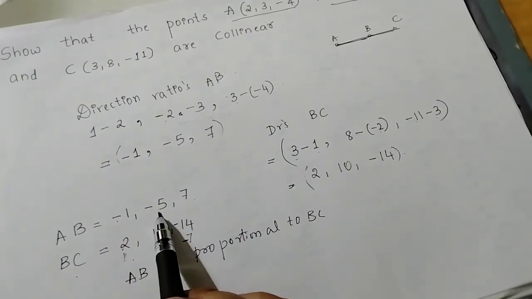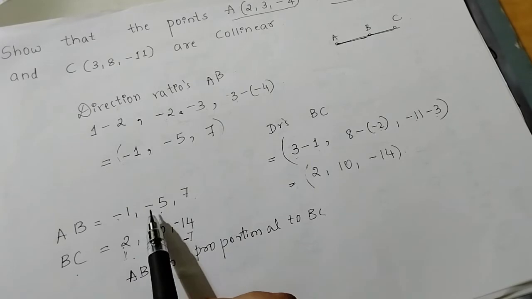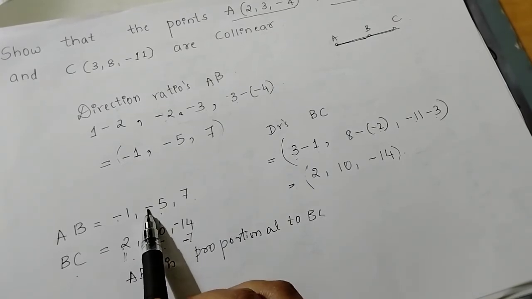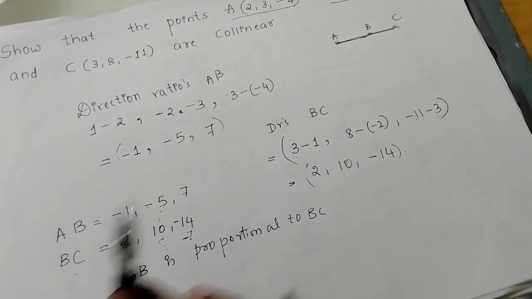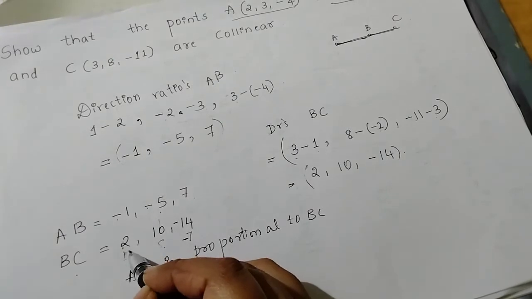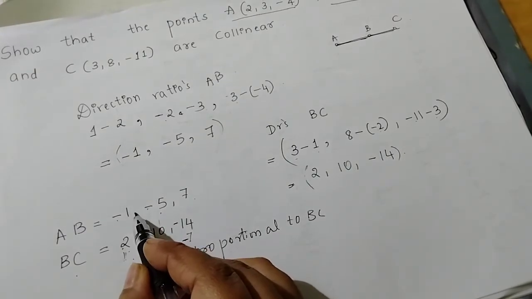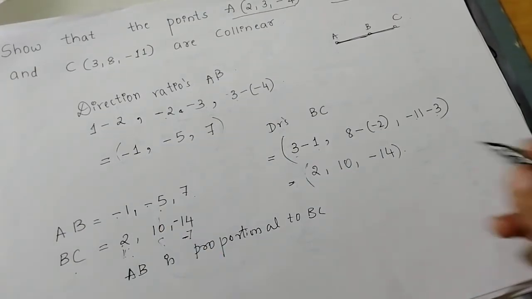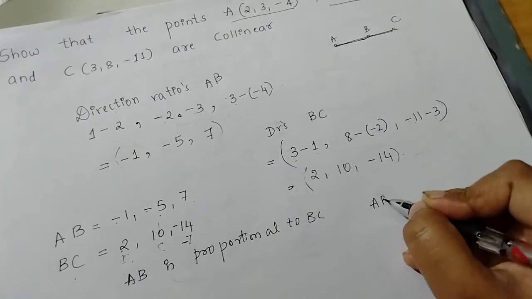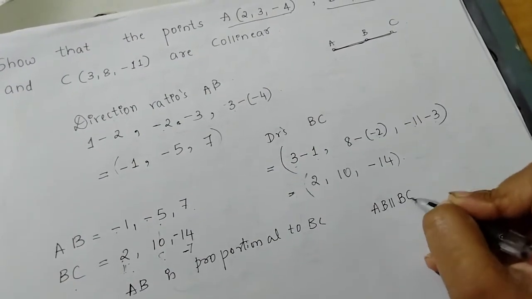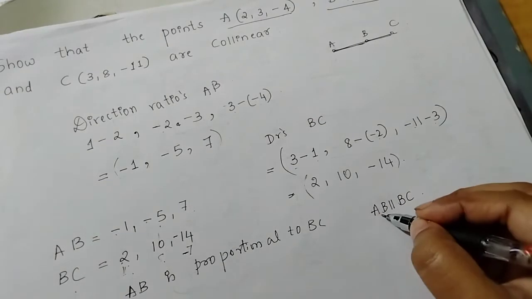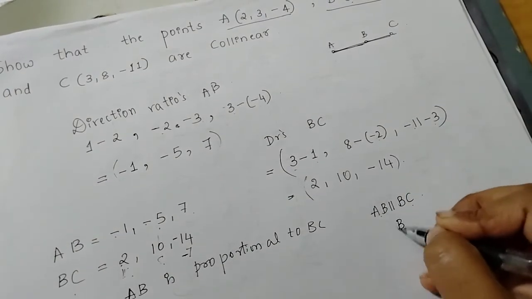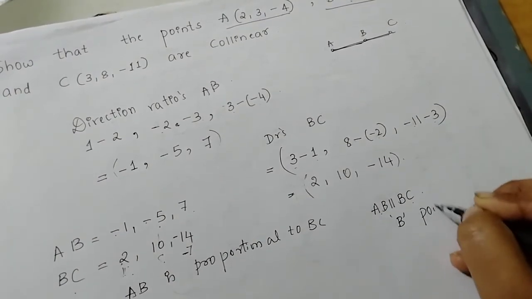There is no difference because you know that minus indicates only the direction, not the magnitude. So AB will be proportional to BC. When AB is proportional to BC, you know the condition: AB will be parallel to BC. AB is parallel to BC means what? B point is common to both.